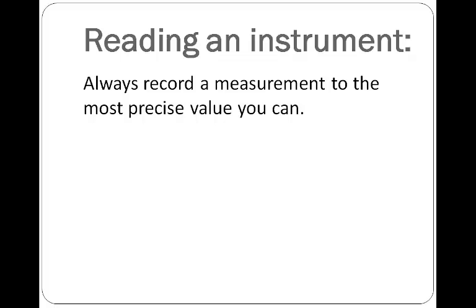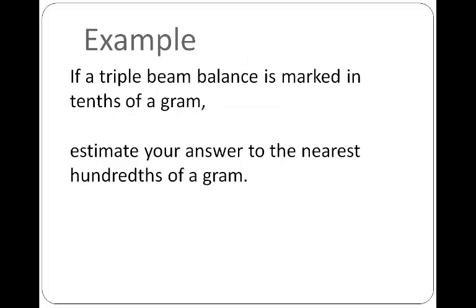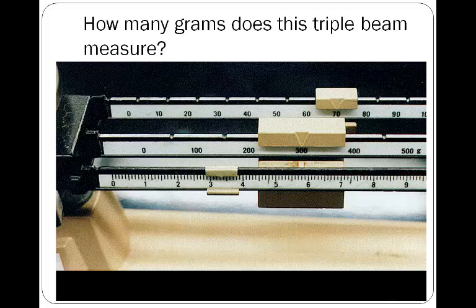Okay, how do you read an instrument? You're always going to record the measurement to the most precise value you can. So if something, like a triple beam balance, is marked to the nearest tenth of a gram, you can estimate between the tenths to the nearest hundredth of a gram. So in this example, how many grams does this triple beam measure?